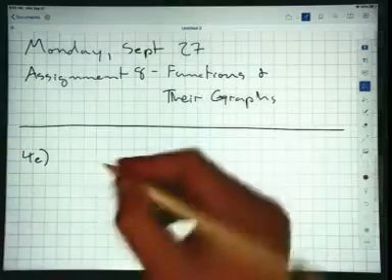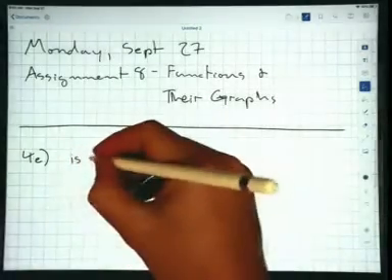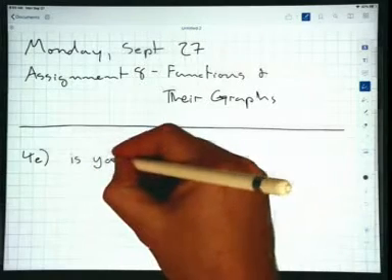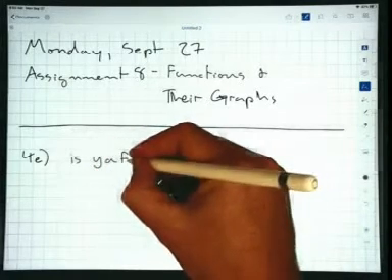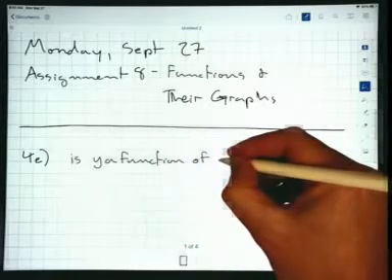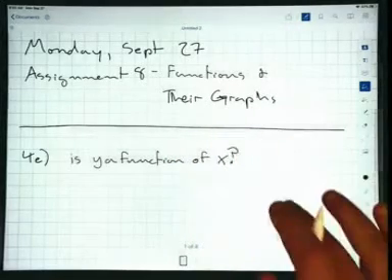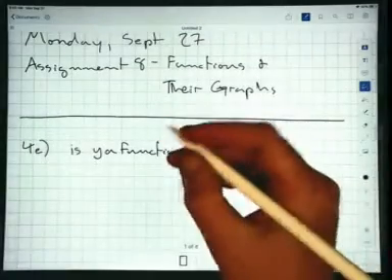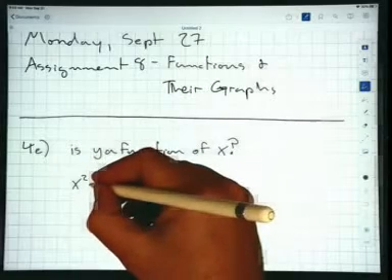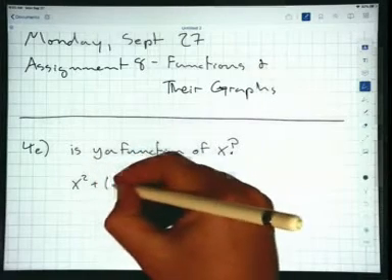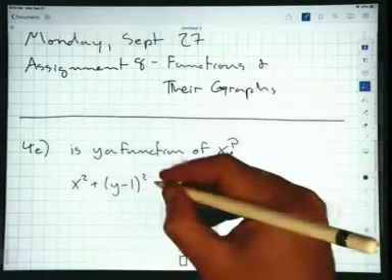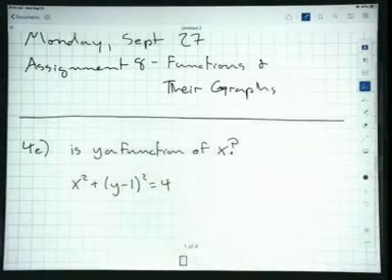The question is, is y a function of x? So we have x squared plus y minus 1 quantity squared is equal to 4.